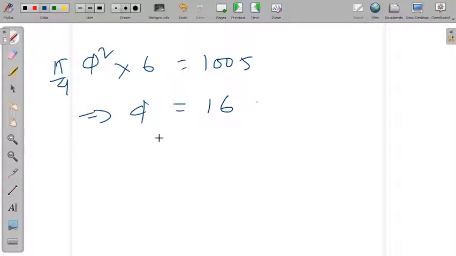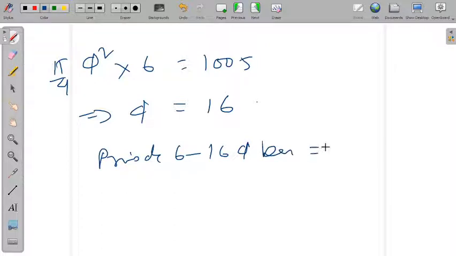So provide 6 numbers of 16 dia main reinforcement. How much area are we giving? It comes to 1206 mm square, which is more than 1005. So this is okay. The main reinforcement we have calculated is fine.